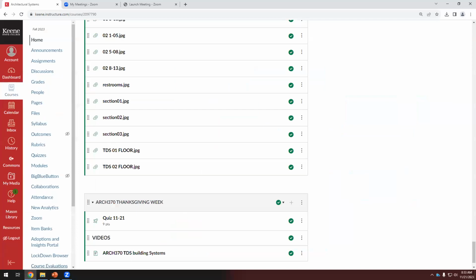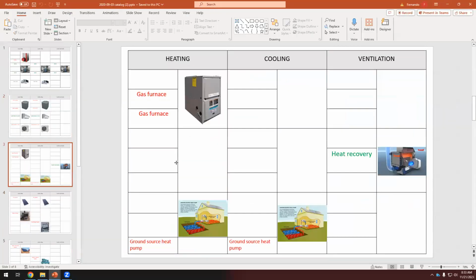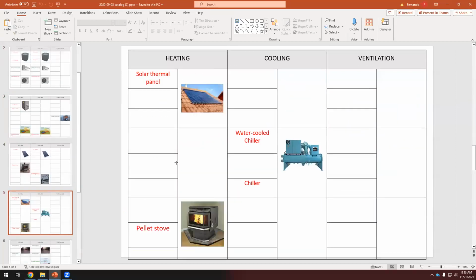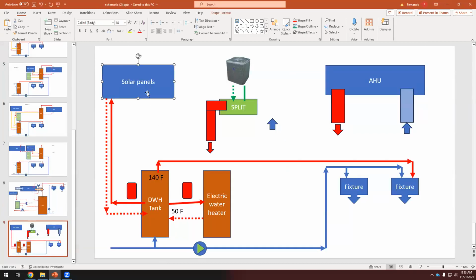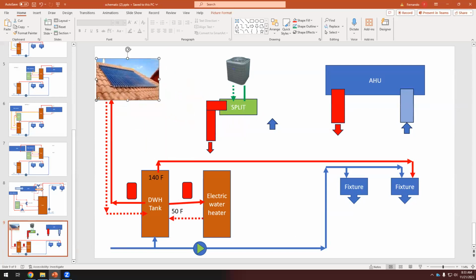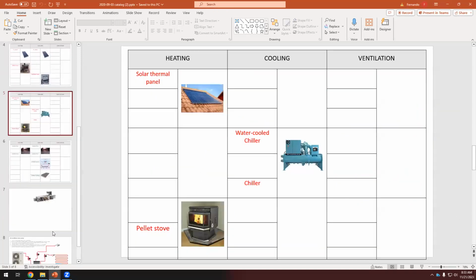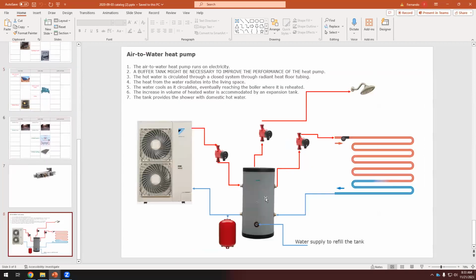The air handling unit, I have a picture here, but I don't like it. Okay, we do have thermal panels. A domestic hot water tank. Are there any water tanks here? It should be. Okay, we can use this one.